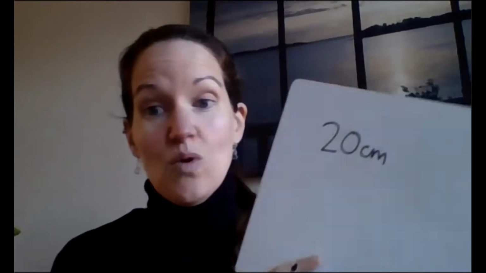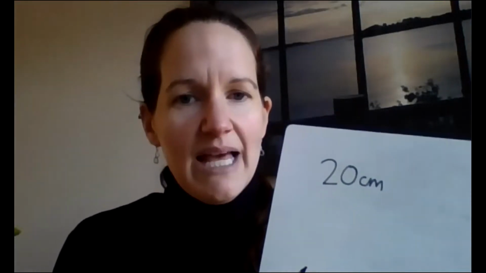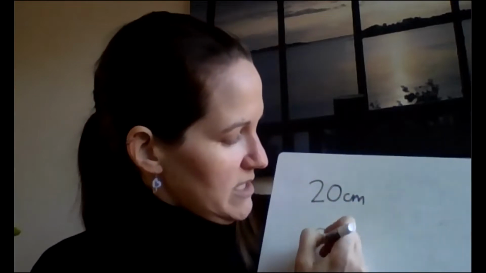Let's see if we can figure that out. So let me write it down. This week, our bean plant is 20 centimeters high. Last week, our bean plant was 2 centimeters high. Do you know the difference? Do you know how much it's grown? So last week, we had 2 centimeters.